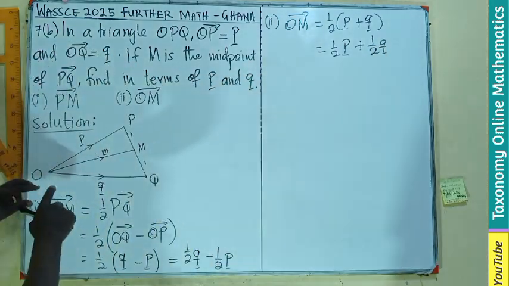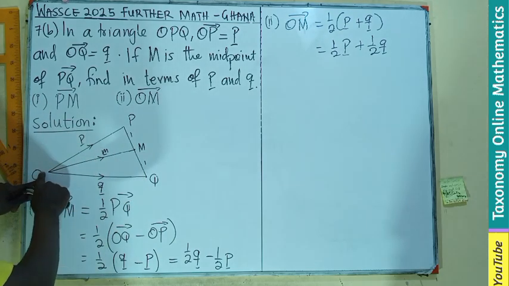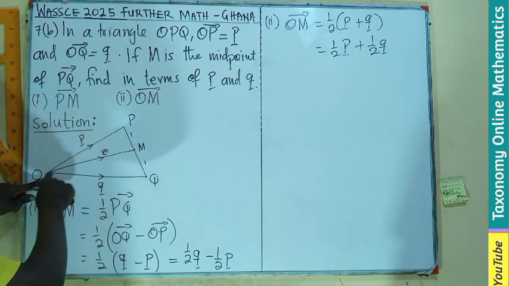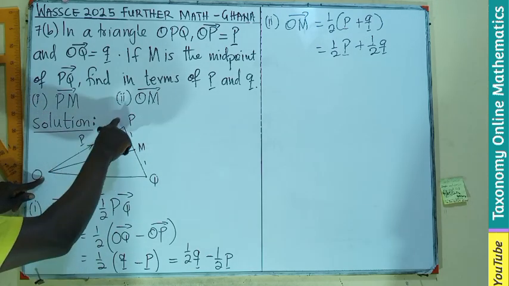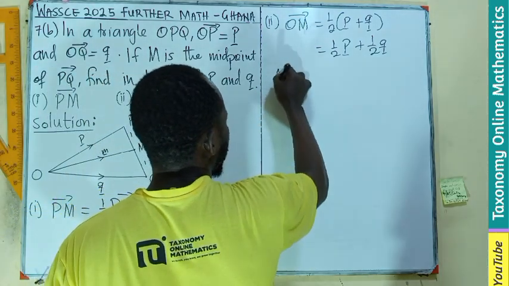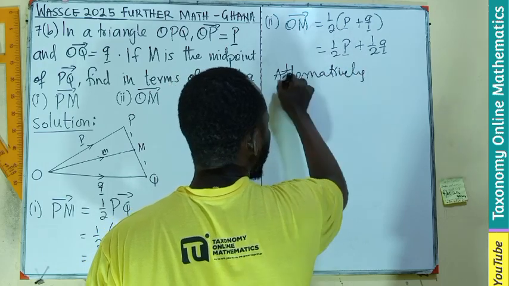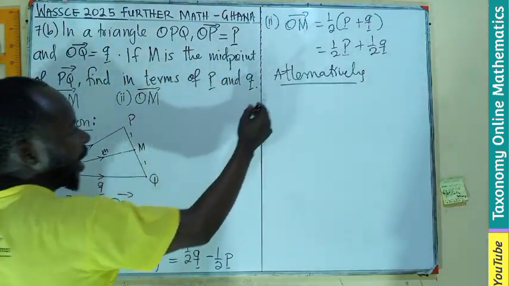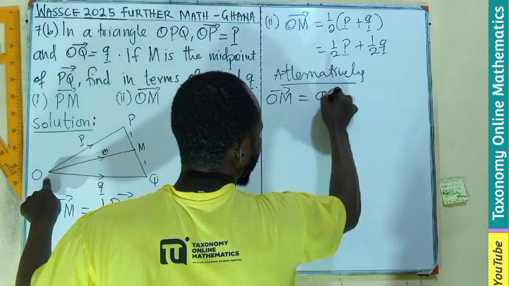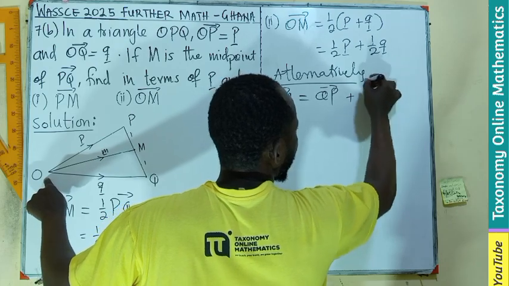Now, we can also come here and look at a triangle, as OM is the same as OP to PM. If you are going here, the direct resultant is the same as going here and coming back. So if this is the same as this, we can also say that alternatively, OM as a vector I am looking for equals OP plus PM.